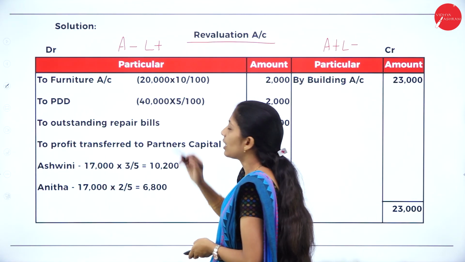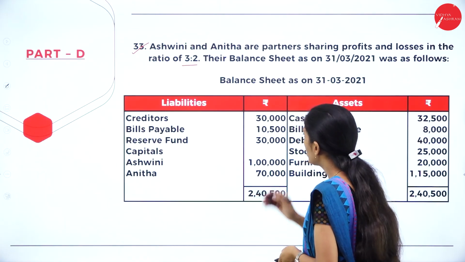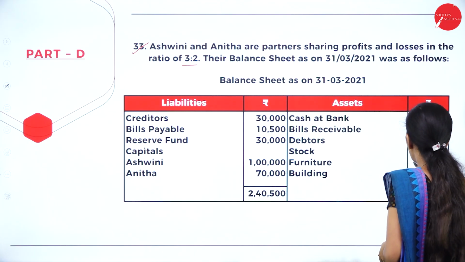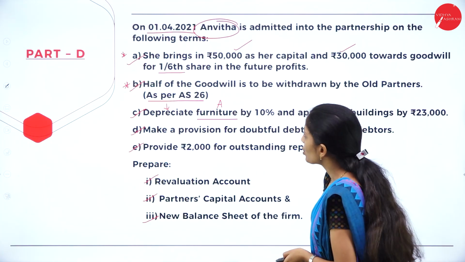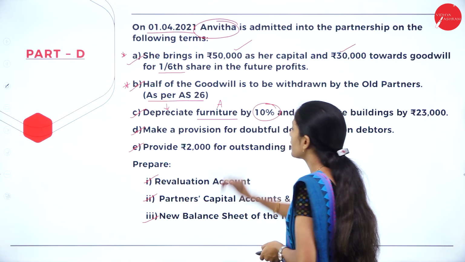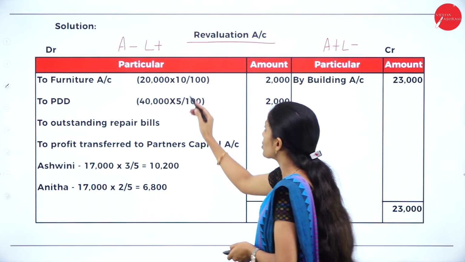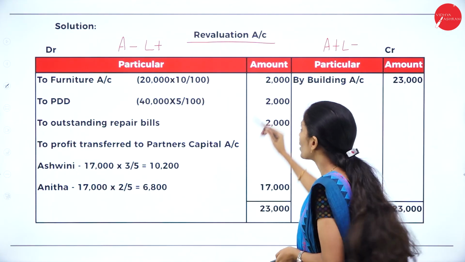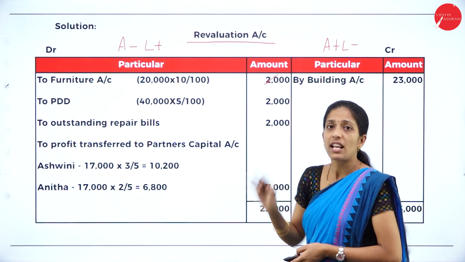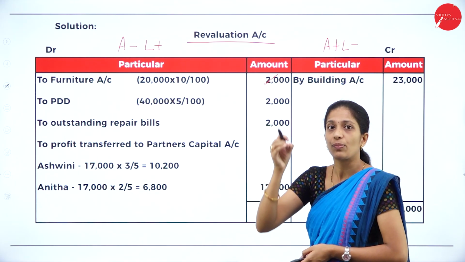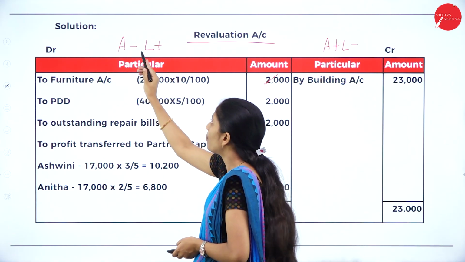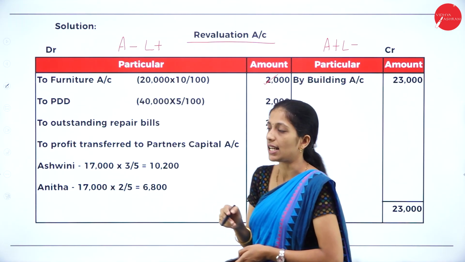To furniture account. What is the value of furniture? You have to go through your balance sheet. Furniture value is 20,000. So, to what extent has it decreased? 10%. So, 20,000 into 10 divided by 100, you'll get 2,000. Why are you writing it on the debit side? Because asset value has decreased. A minus, asset value has decreased.